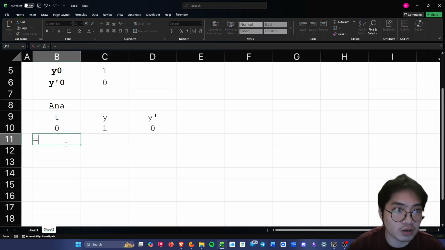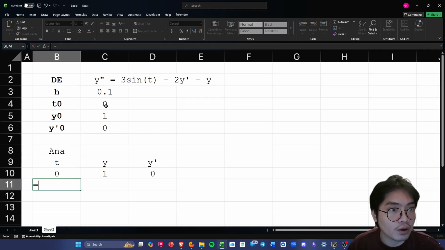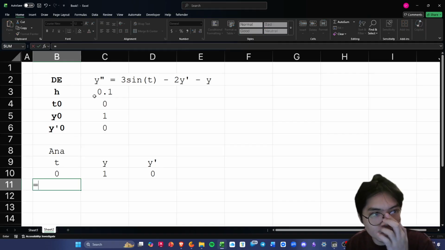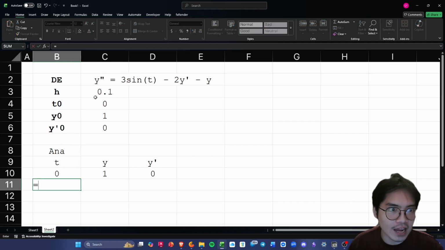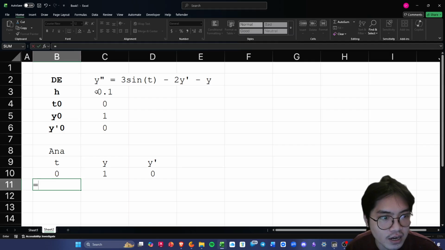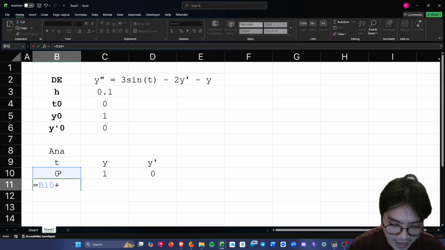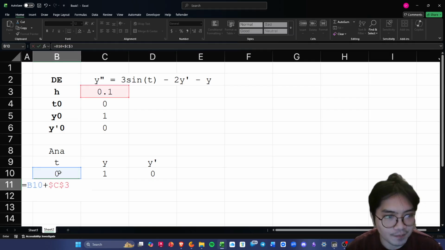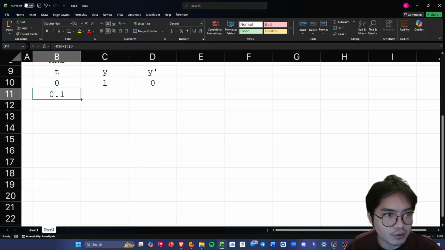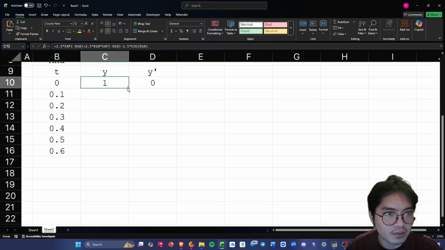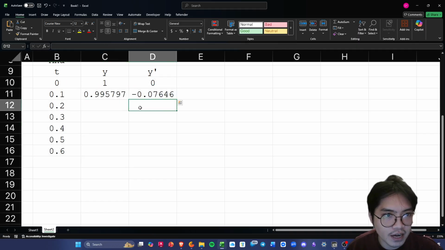Now what we will do is just like before. Our value of h is still c3, so that's great. So we can just have this again, c3, and then keep dragging both of these down.